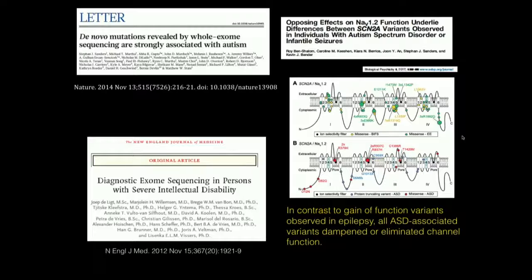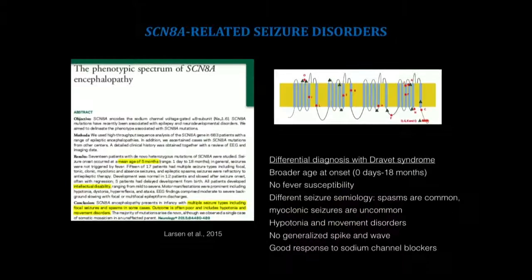And they say that gain of function variants are, in their opinion, observed in epilepsy, while the phenotype of autism is caused by loss of function, severe loss of function. This is an interesting hypothesis, which has still limited experimental evidence. I think more observations will be necessary in the near future.